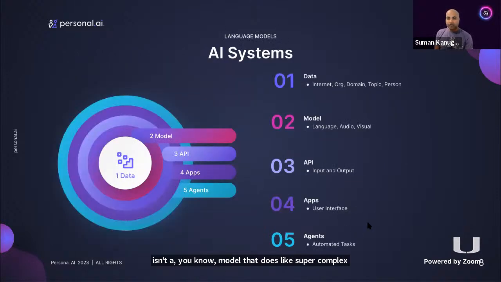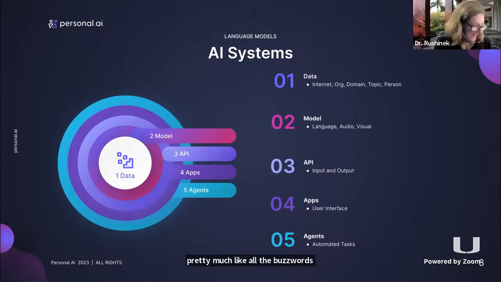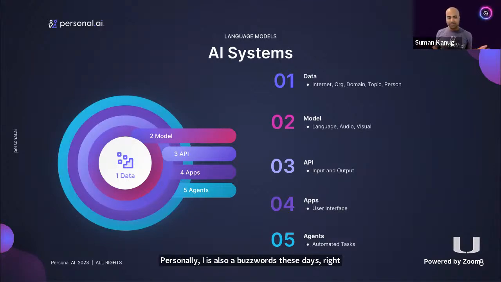Now, Sarah was mentioning earlier different kinds of AI: OpenAI, ChatGPT, pretty much all the buzzwords. Personal AI is also a buzzword these days, right? So the way to think about AI systems at the basic level, we don't have to be technical, is that every AI model has the data. Now, it's less about the amount of data and more about the corpus of the data.